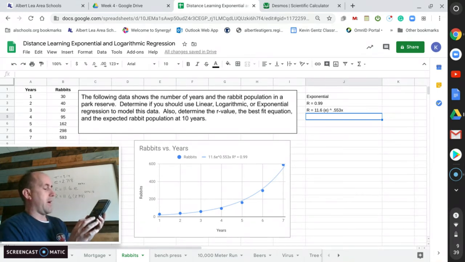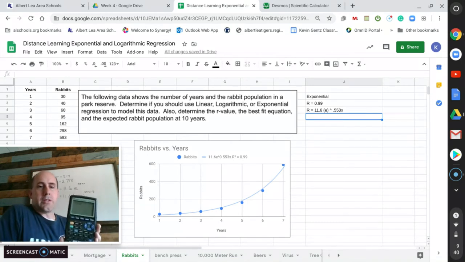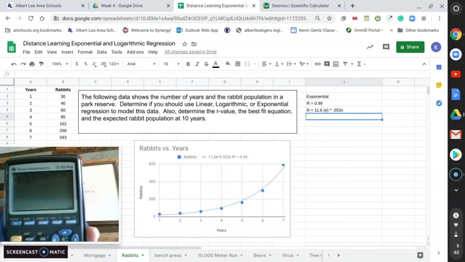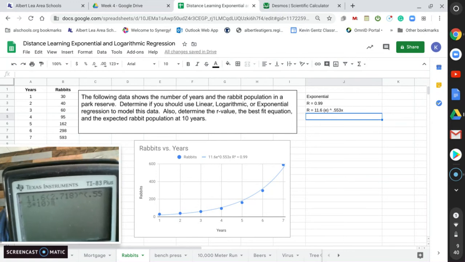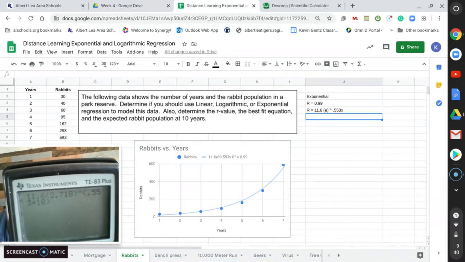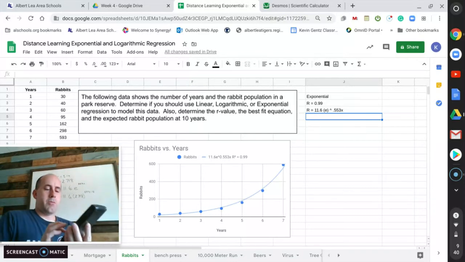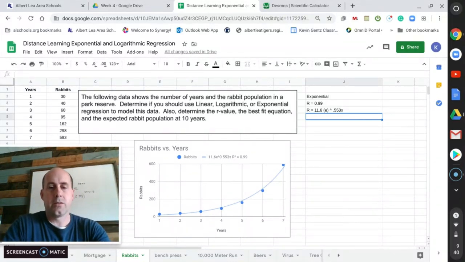So 0.553 times 10. So you can see here what I have written into my calculator. Let's see if we can get that to show up. There you go. And that should be able to give me what I need. Press enter, and it looks like 2,923 rabbits.